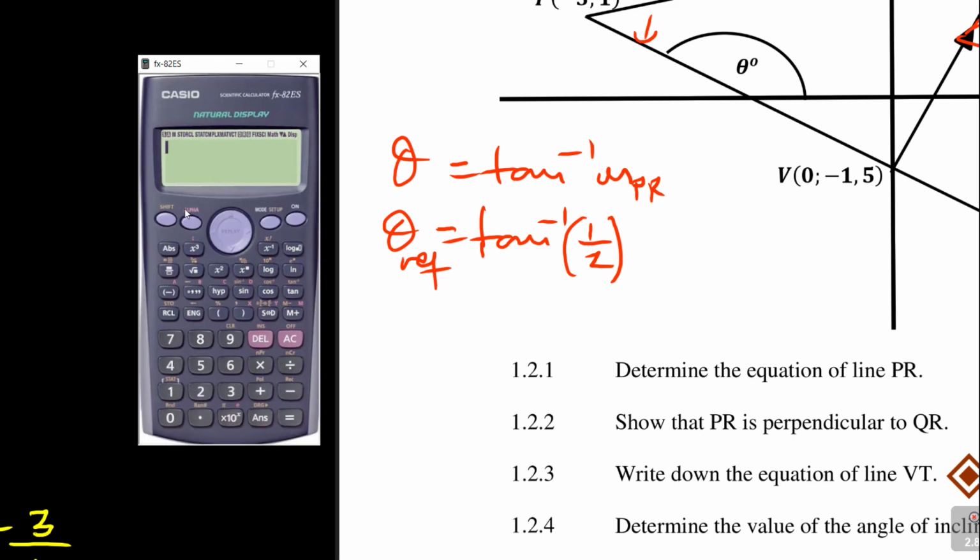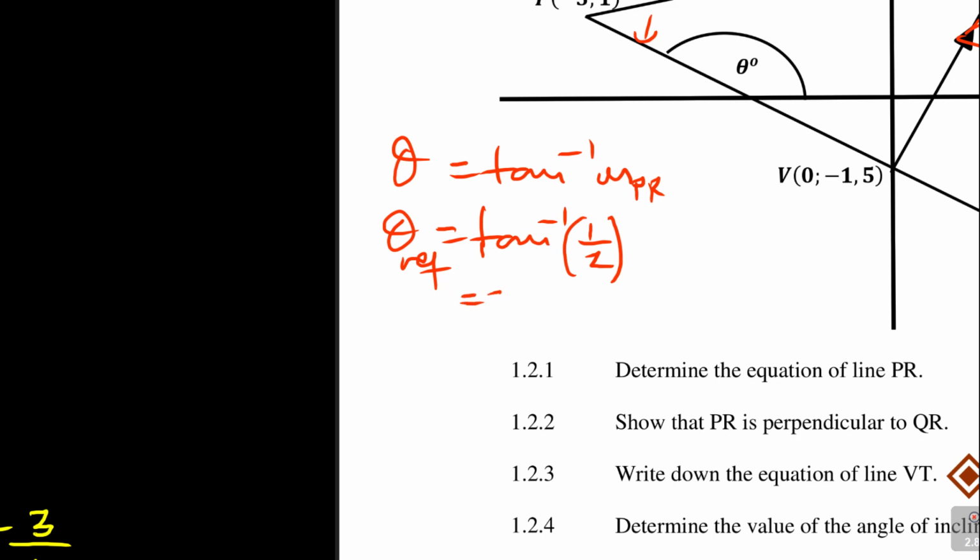So when you do that, you shift arctan, always taking the positive. We call it the reference angle if there is a negative one. So it's 26.565 degrees. That is the reference angle. Now, how do you find the actual theta?